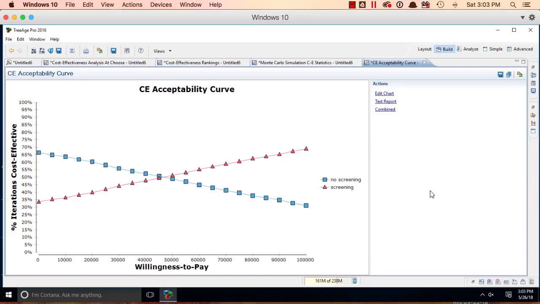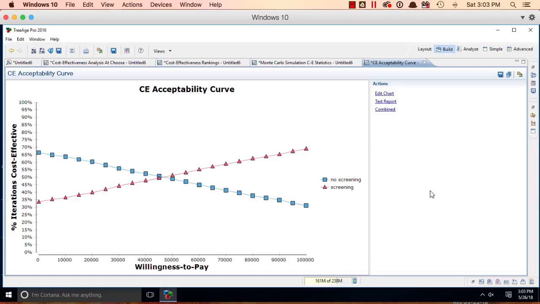The higher you are on that y-axis, the greater probability that the program is cost effective. At $50,000, that's the base case scenario. It's going to match the rollback. Screening's more cost effective. The red bar is above the blue bar. If willingness to pay is only $10,000 or $20,000 per quality, then you would not choose screening. You're not willing to pay enough to scale up that supply curve from no screening to screening.